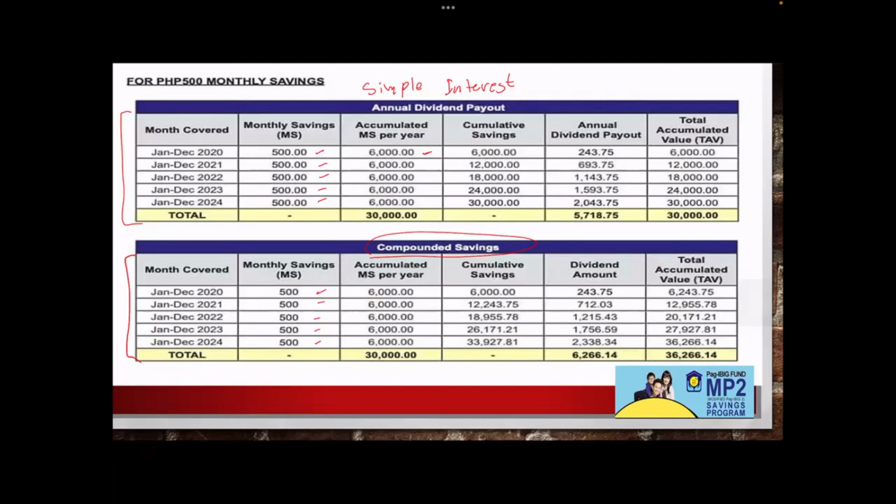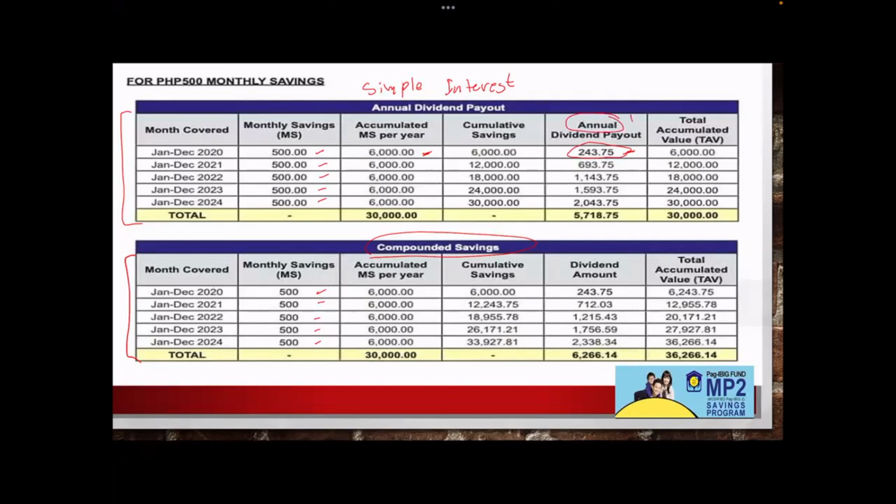Naka-open mic. Ayan. Now, here, meron kang 500. Sa isang taon, meron kang 6,000. Now, yung 6,000 mo, nagkaroon siya ng tubo na 143.75 in annual. Kapag sinabi natin annual, 1 year.